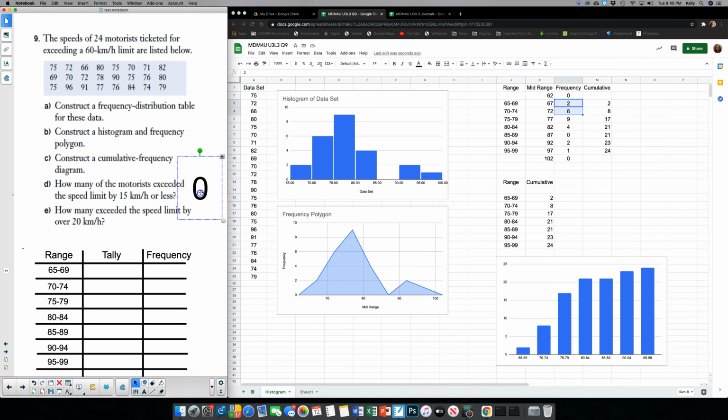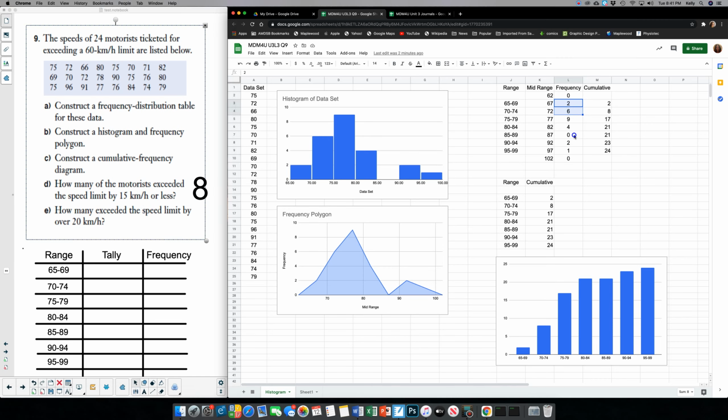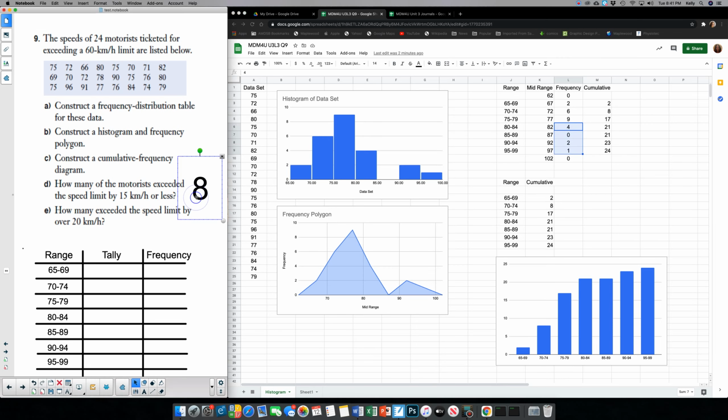So that's going to be 8. And this one down here was these 4 that were 20 kilometers over, so 80 or greater. So 4, 6, 7. So 7. Okay, I hope that helps.